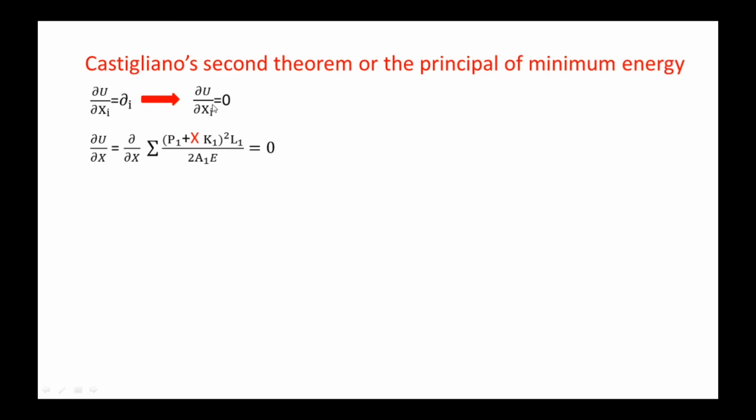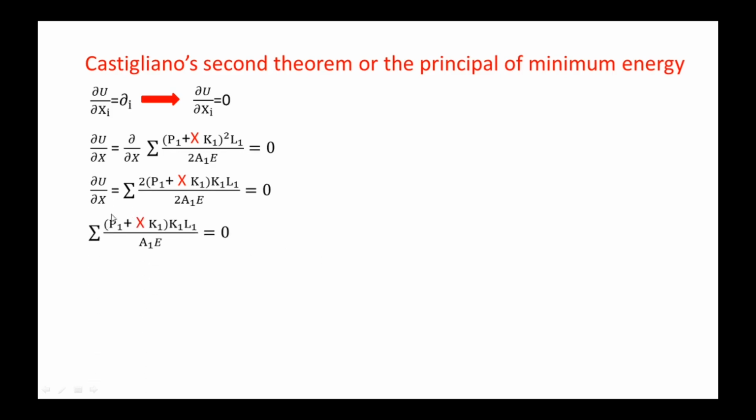The only change is that we have put the value of U calculated previously. Now the partial derivative of this equation: first is twice (P1 plus X into K1) into the derivative of X K1, that is K1, so K1 into L1 divided by twice A1 E is equal to 0.